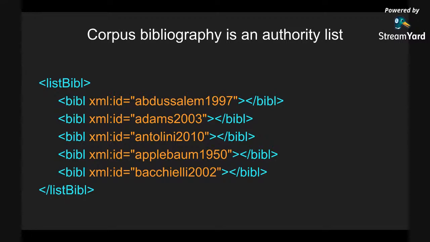In this case, it's listBibl, and it's made up of a list, and the individual bibliographical items in that list each has an XML identifier, the xml:id attribute, to which you can point for normalization or disambiguation from your individual files. So in that sense, it is an authority list.